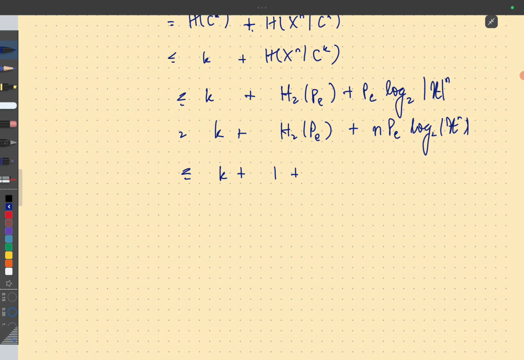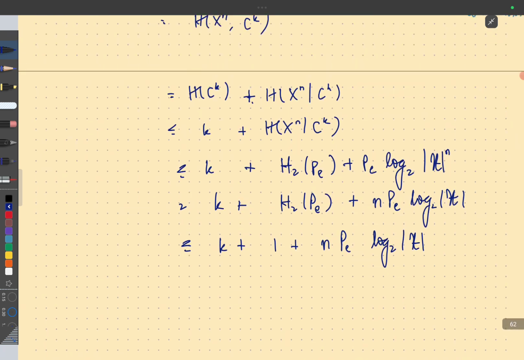All right, so this is at most k plus 1 plus n times the probability of error times the log cardinality of x. Okay, I'm just doing this so that I get a simple form of the expression.